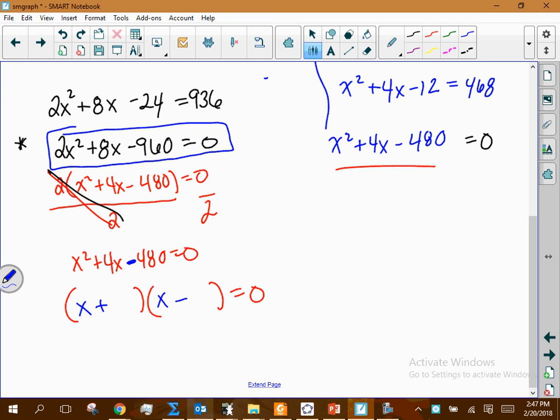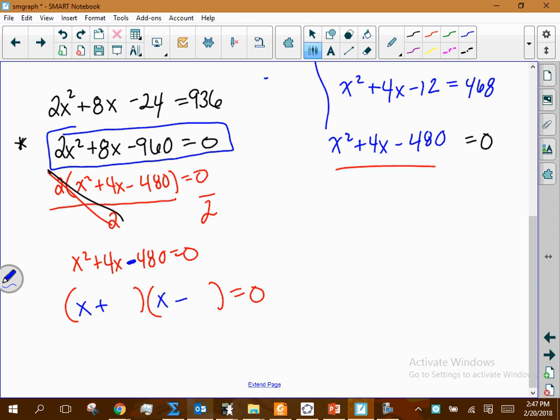Maybe some of you see, when I look at that, I see 48 instead of 480. I don't know why my brain does it, but I see 48 and I see 24 and 2. Well, if I make that 24 and 2 go to 24 and 20, there I get 480 plus 2 factors, and then they add up to be 4.